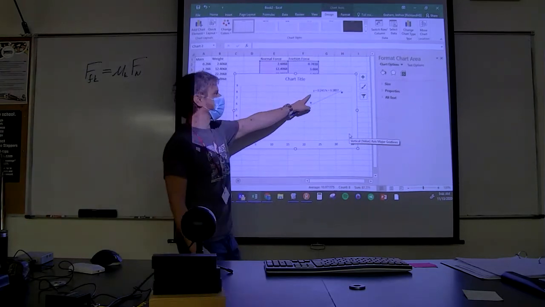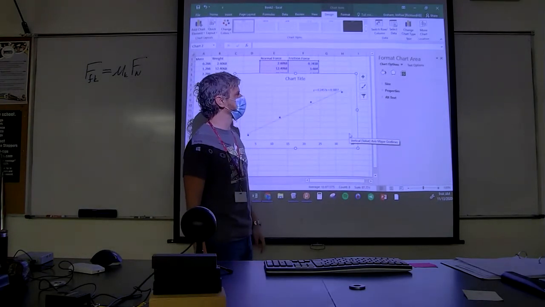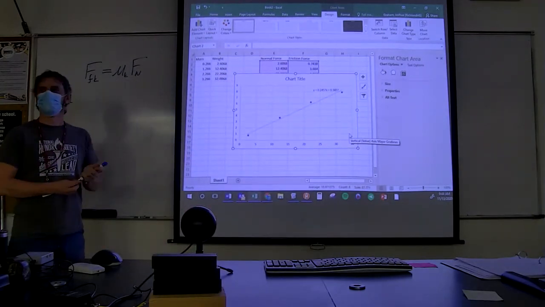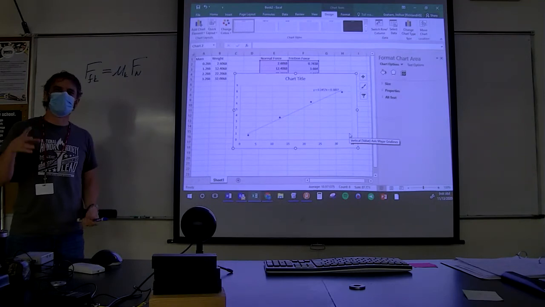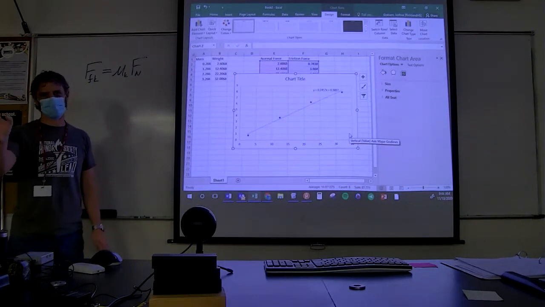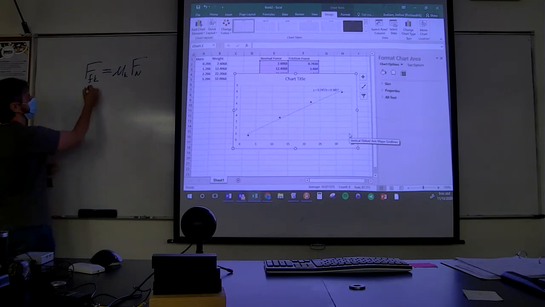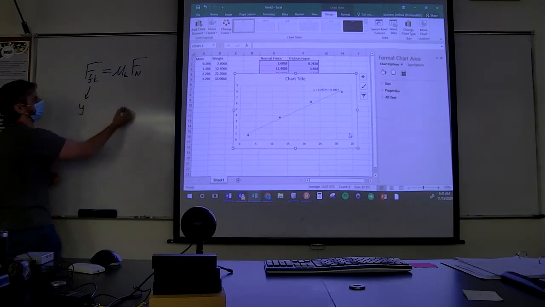If you can't see it, it says y equals 0.2457x plus 0.3837. We're going to ignore the y-intercept. The y-intercept usually does mean something. It's tied into error analysis and stuff like that we're not going to really get into. But my y in this case is the friction force.